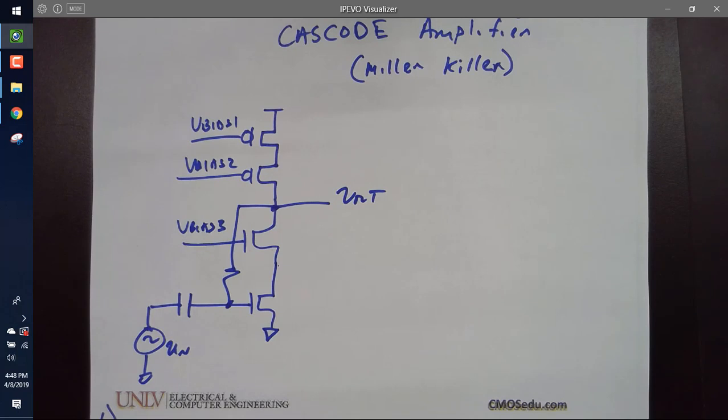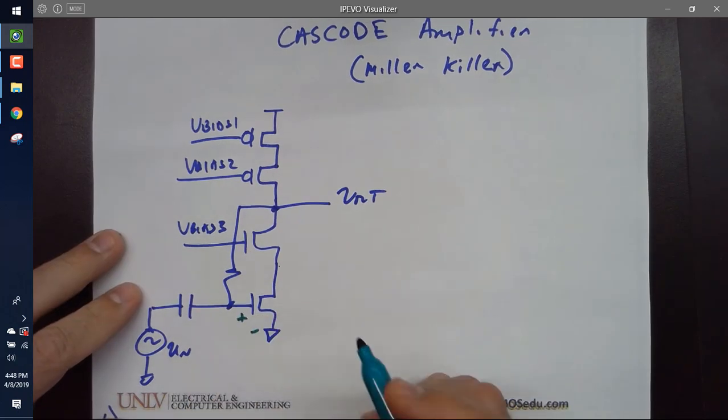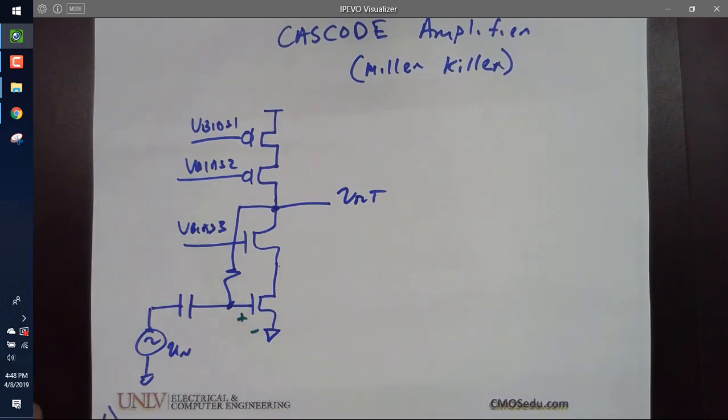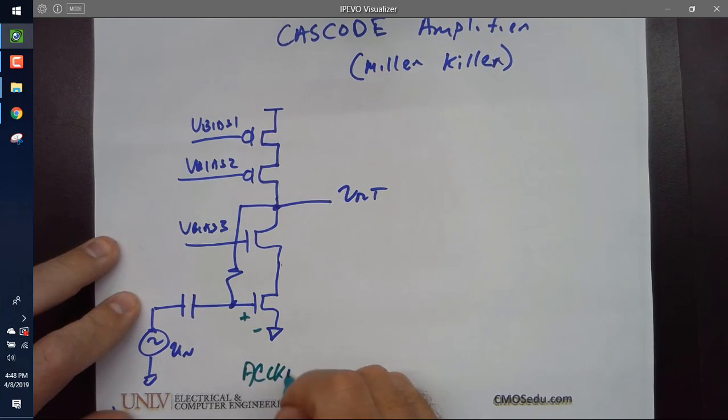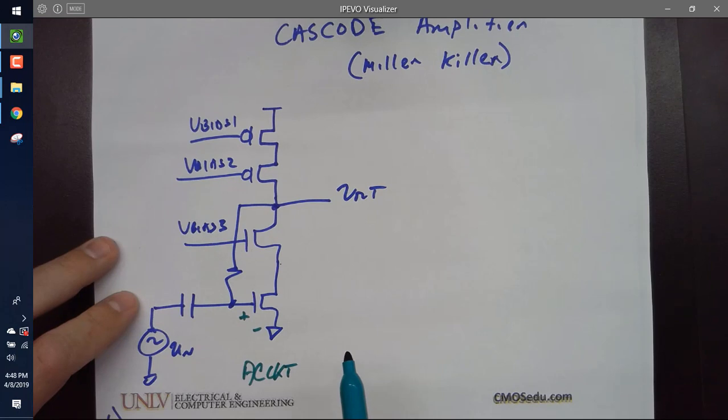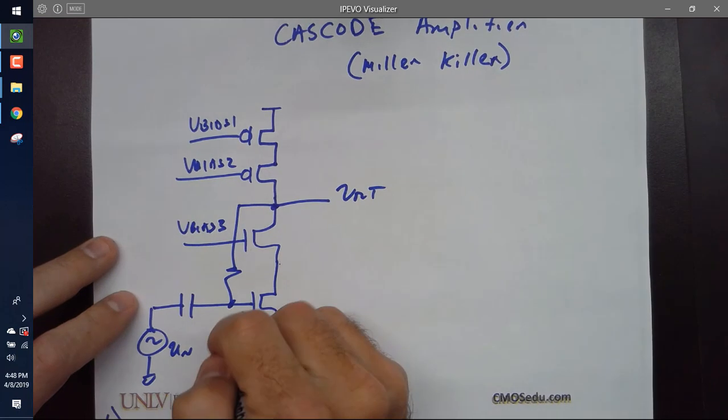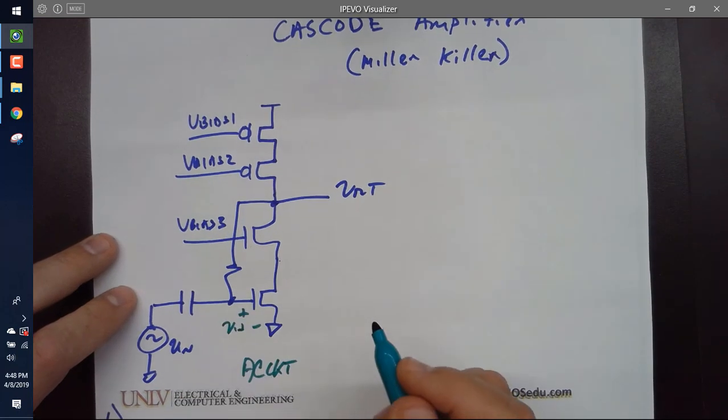All right, so what is the VGS of this transistor? Don't all scream it at once for AC. What is the VGS of that transistor? VN. Anybody not see that?